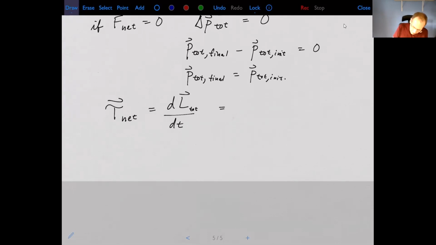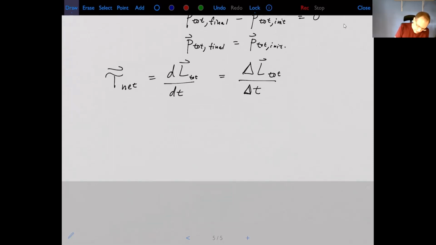So again, if you don't like the calculus, I'll write it as change in L total divided by delta T. So now we can say if the net torque is 0, then that means the change in the angular momentum is equal to 0.